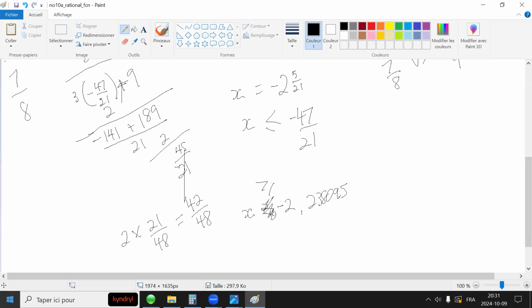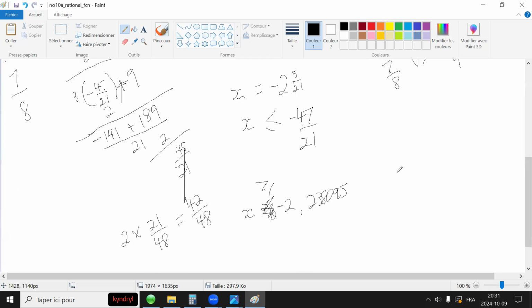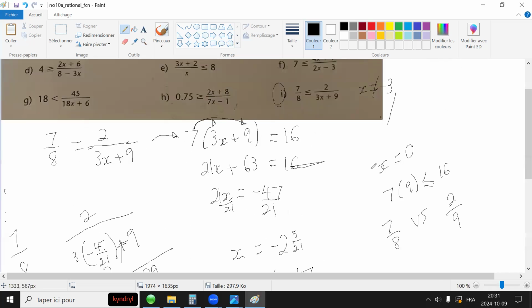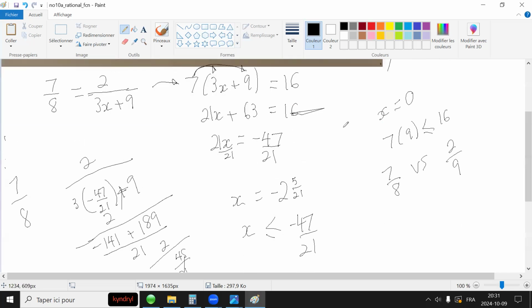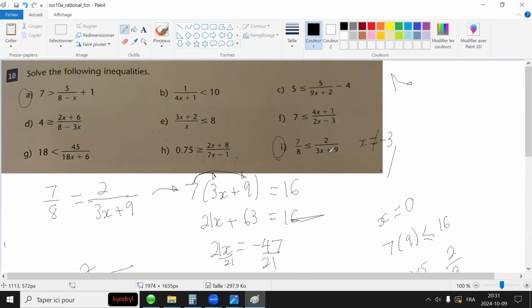It's just the fact that it's negative. So if I had something superior to that, for instance, my 0 there, I'm gonna keep it that way. Forget about it.